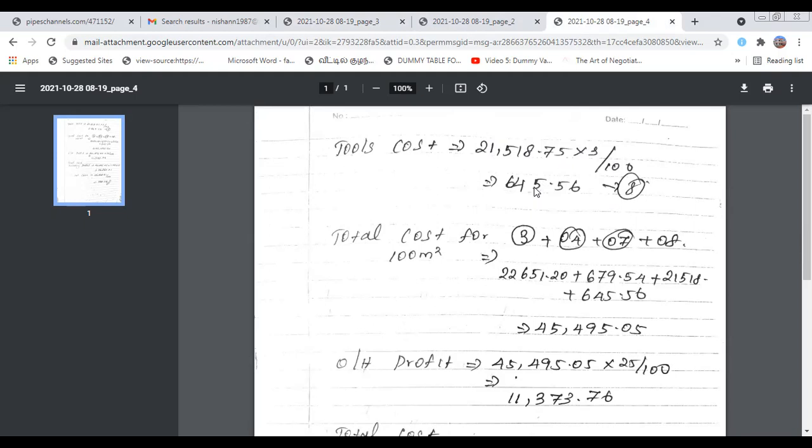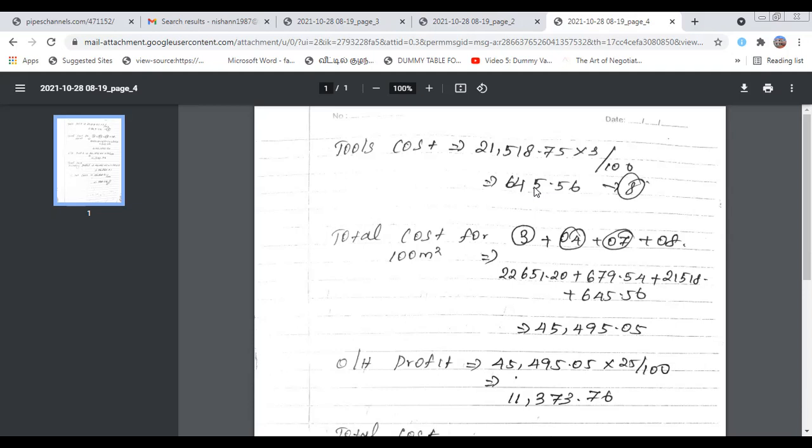Okay, now we move to the total cost for the 100 meter square. Equation number 3 for the total material cost, equation number 4 for the transport cost, equation number 7 for the total labor cost, equation number 8 for the tools cost.